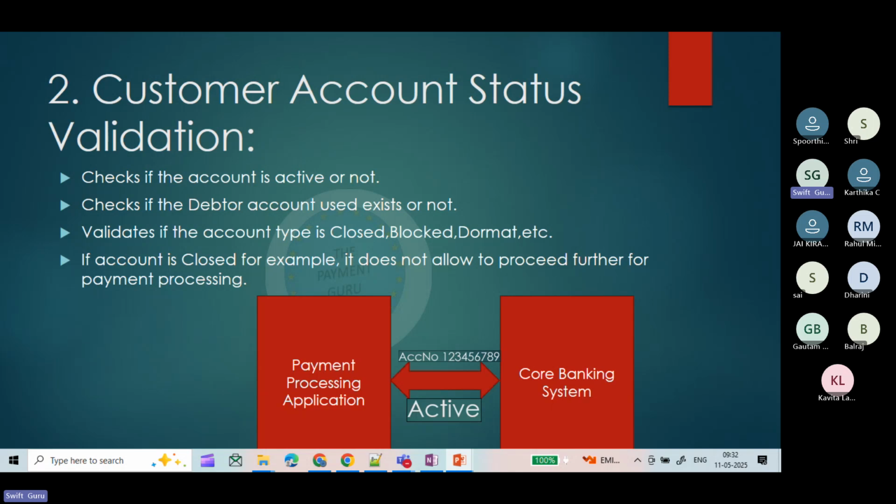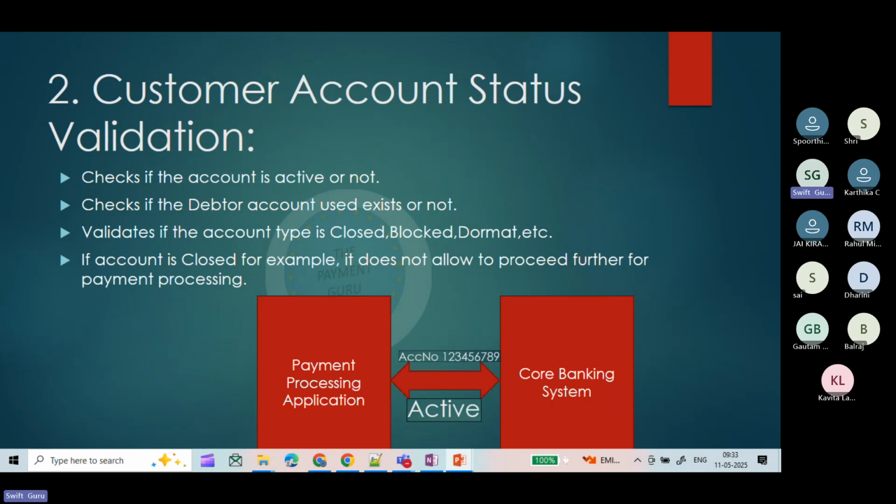So a payment processing engine will have a request API wherein it will interact with the core banking application, and for that it will receive a response. With the request API, they will ask for the status of this particular account, and as part of the response API, the core banking system will send out whether it is active, dormant or not.